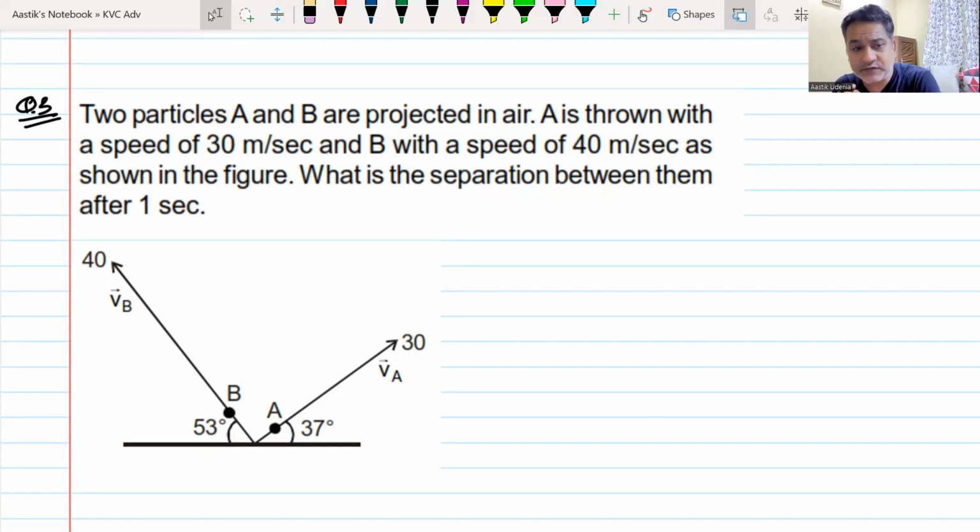What is the separation between them after 1 second? This question, exactly this language was different, has come in JEE Advanced. I'll give you 2 minutes to solve this.